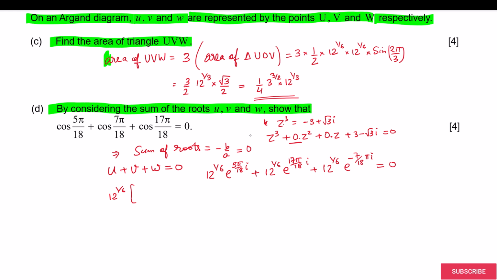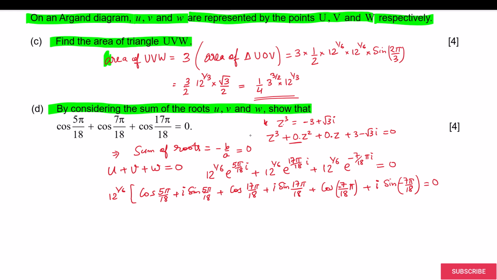If we split the real and imaginary parts, we are left with cosine 5 pi over 18 plus iota sin 5 pi over 18 plus cosine 17 pi over 18 plus iota sin 17 pi over 18 plus cosine -7 pi over 18 plus iota sine -7 pi over 18 equals 0. We can rewrite the right hand side as 0 and 0 iota.